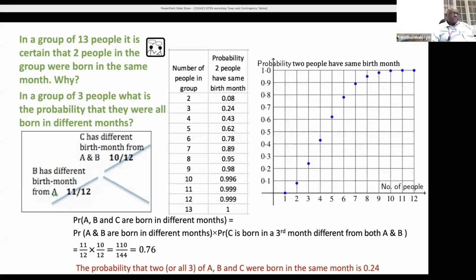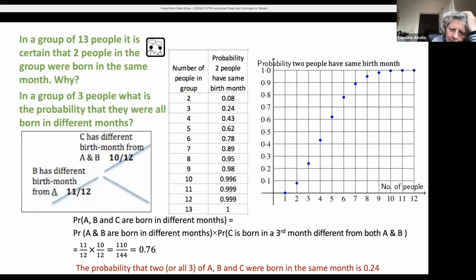So there you go. That works out at about 76%. And so the probability that 2 of the people in a group of 3 were born in the same month is almost a quarter, which is surprisingly high, I think.